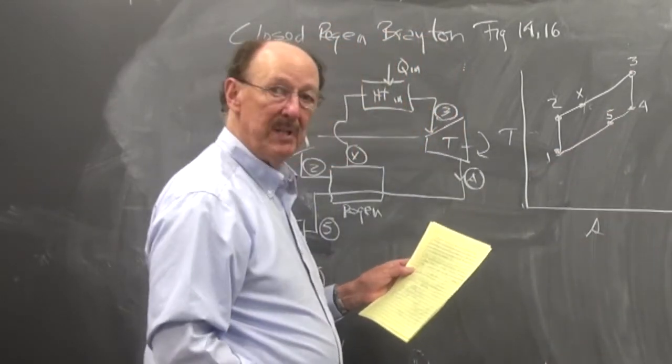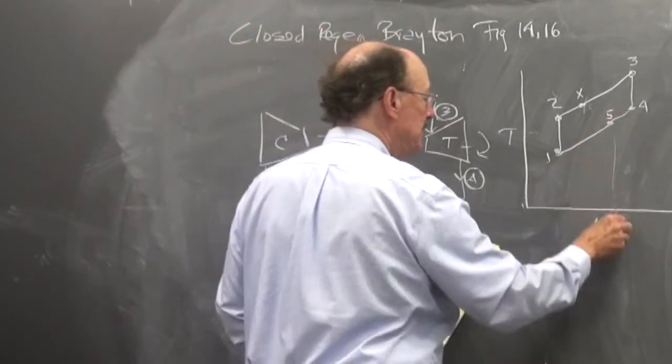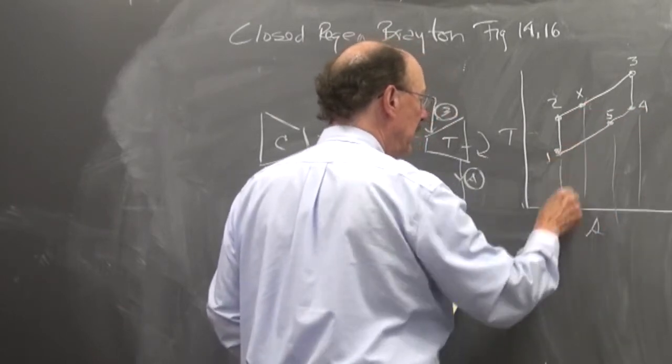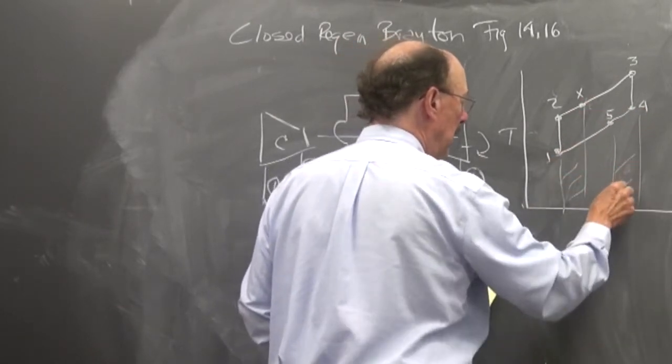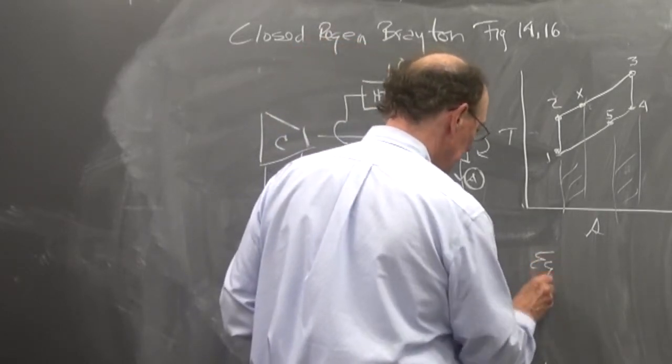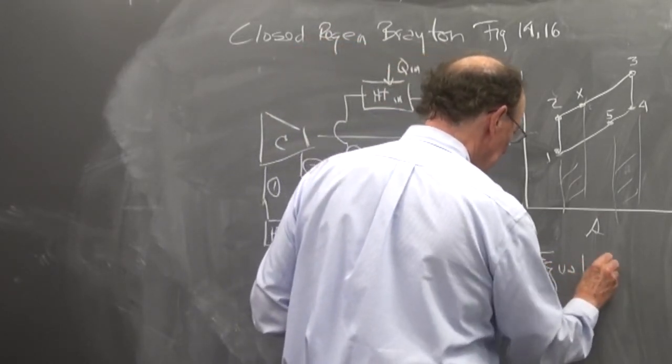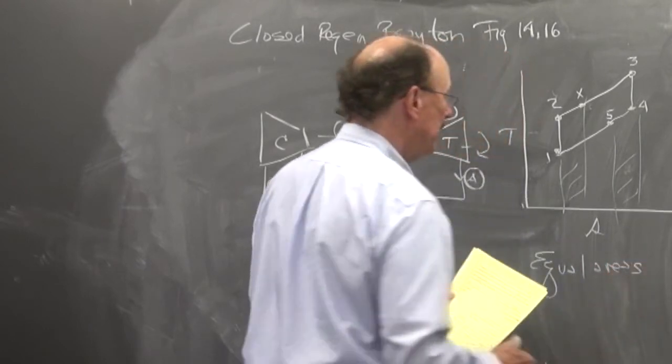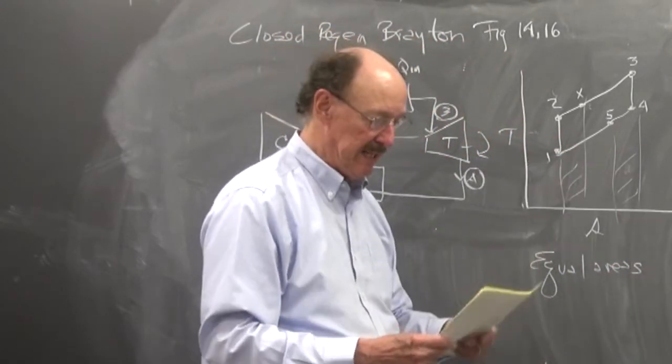And again, what this is showing us is that this area and this area are the same. So this is the energy given up, and this is the energy gained.